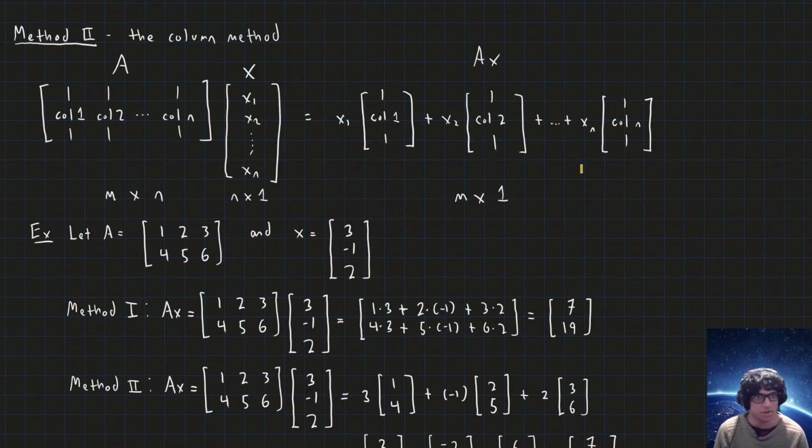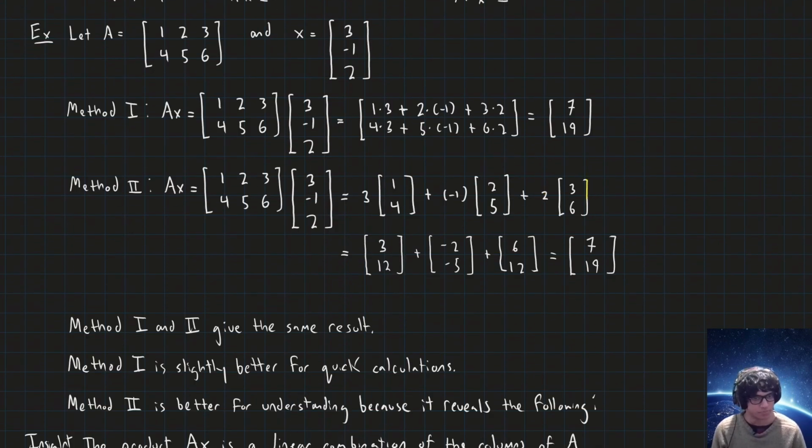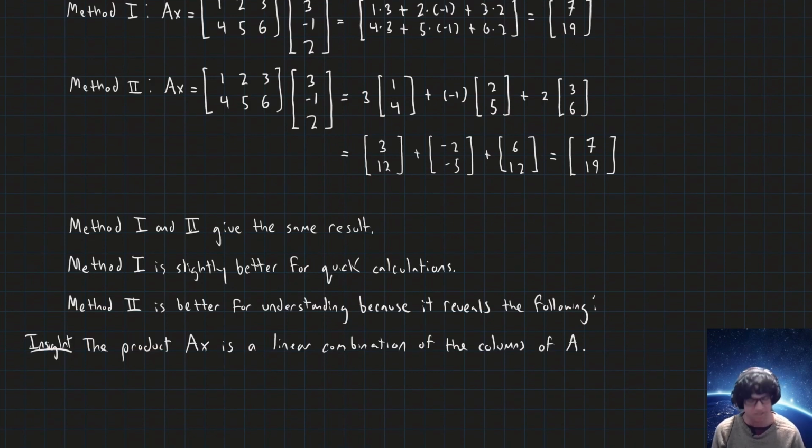This method is preferred because it shows that matrix multiplication is really just taking linear combinations of columns of A. That's the nice insight that you get here.